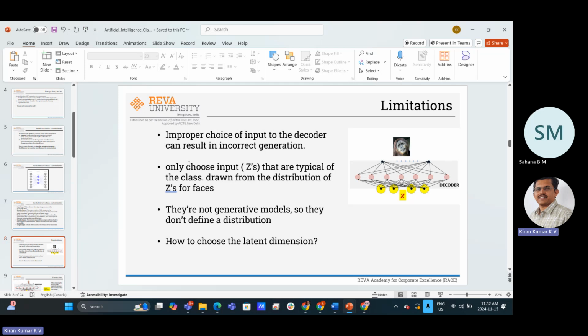What do you mean by PDF or probability distribution function? Example, let's take our heart signals itself. What is the probability distribution of my heart signal?